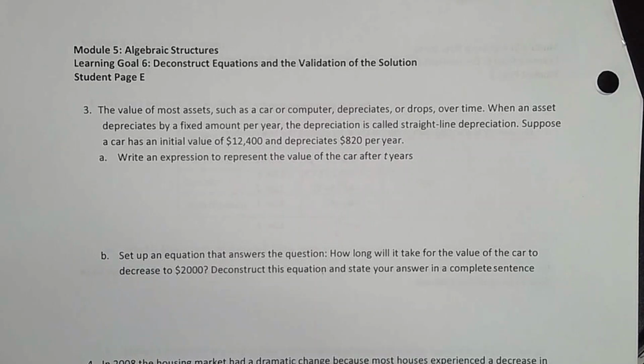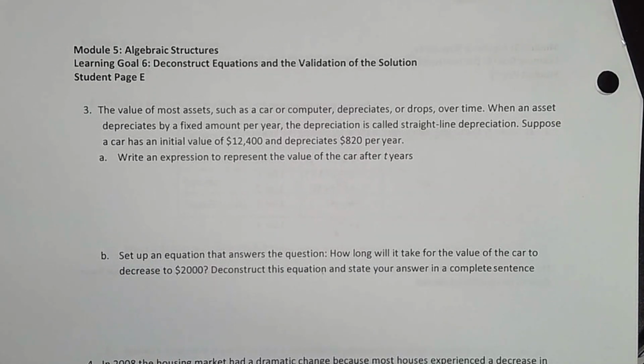So right away when I see the word depreciate or the word drop, I know that that means there's going to be a subtraction in my problem. Depreciate means the value's going down, so I know there's going to be subtraction. So that's the first thing that goes through my mind when I read that first sentence.